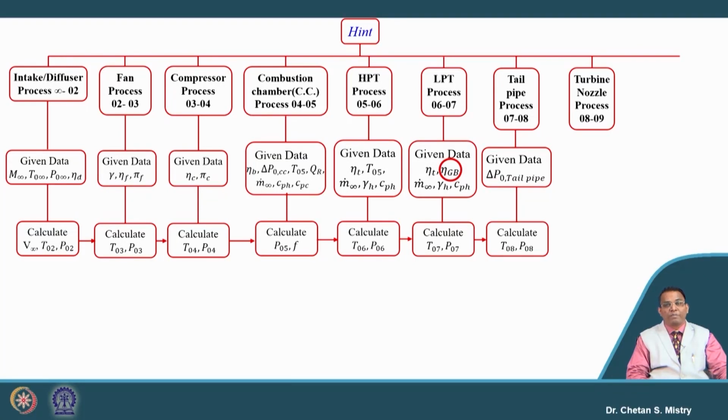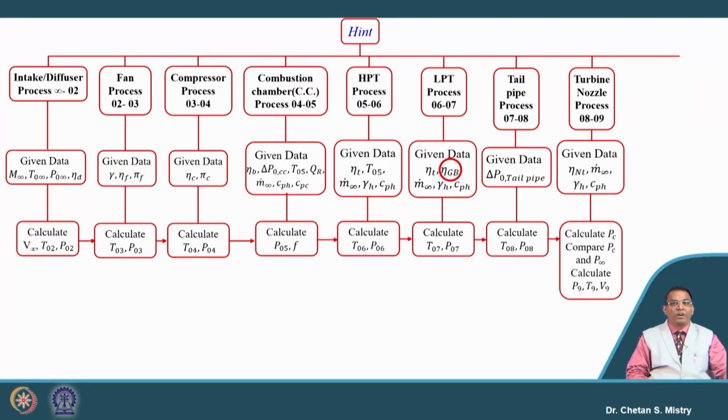We have our turbine nozzle. For this turbine nozzle we are given the efficiency, and we will calculate our critical pressure ratio. Based on that we will calculate our static temperature, and based on that we will calculate the exit velocity from this turbine nozzle. In line with that we have our fan nozzle.